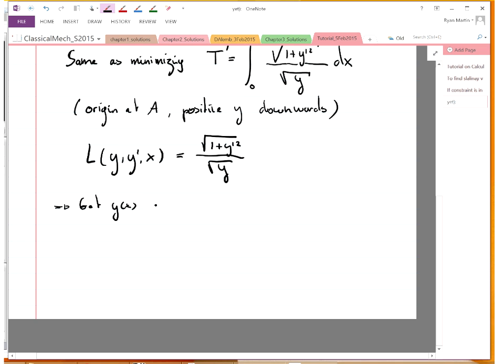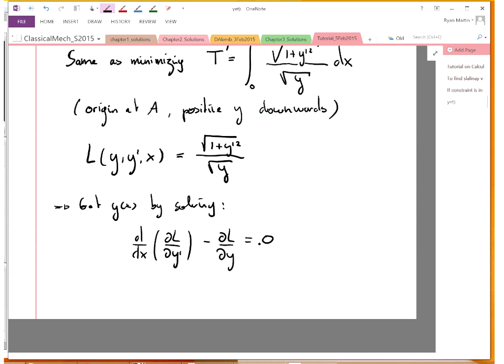So you can get y of x by solving d by dx of partial L by partial y prime, minus partial L by partial y, equals 0. And so you can do that.